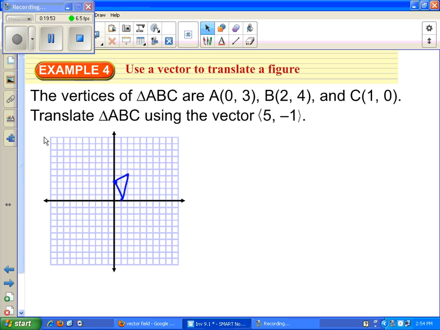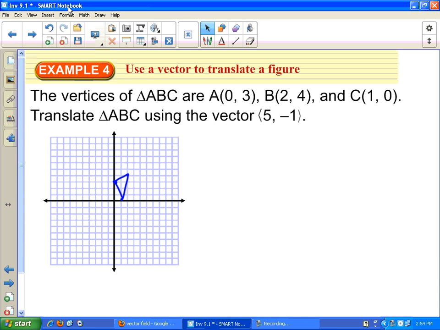All right, so we have triangle ABC drawn here. We need to apply the vector 5, -1, which says I move my x 5, y -1. We're going to do it in 2 parts. So I'm going to use green dots to show where we would be after the first one, and we'll draw the actual one in red. So moving, do I move right or left 5? Right 5.